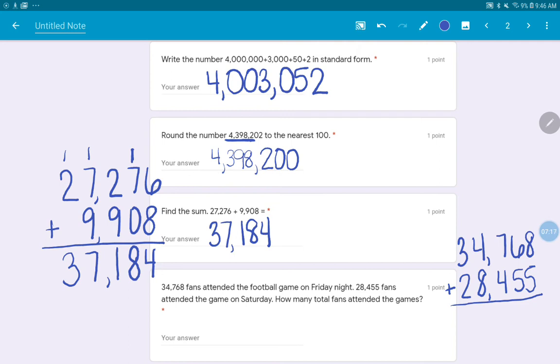All right, so where do I start adding, Amy? The ones. Okay, so 8 plus 5 is 13. You write down the 3, regroup the 1. 1 plus 6 plus 5 is 12. Okay, write down the 2, regroup the 1. Now what? 12. Okay, 1 plus 7 plus 5 is 12 again. You write down the 2, regroup the 1.